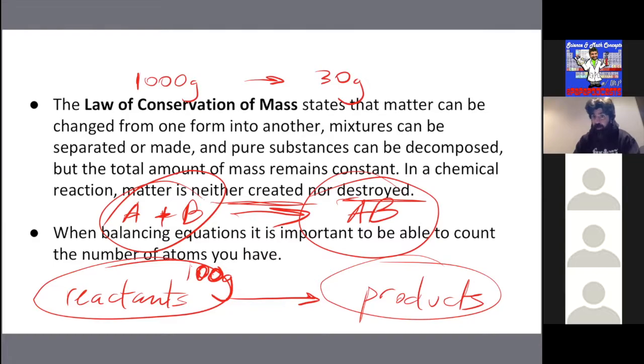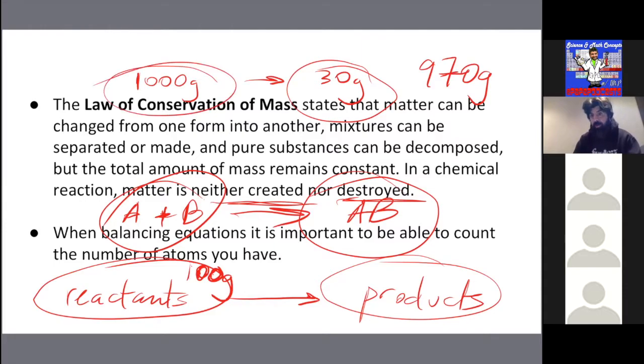This doesn't seem to follow the law of conservation of mass, but technically it does, because the product that we weighed was weighable. What that means is the end result was probably a solid or a liquid that we can physically carry and put onto a scale, which means the remaining 970 grams that is unaccounted for from the original 1,000 grams must have been lost somewhere.